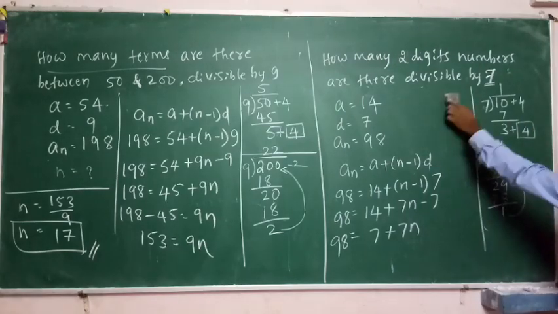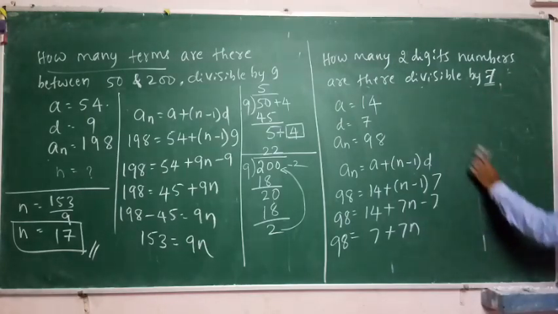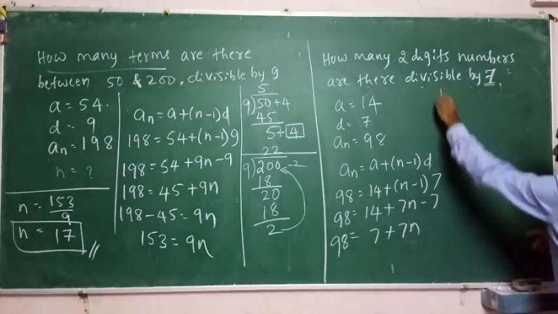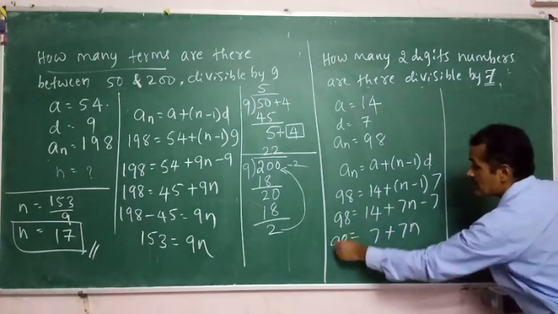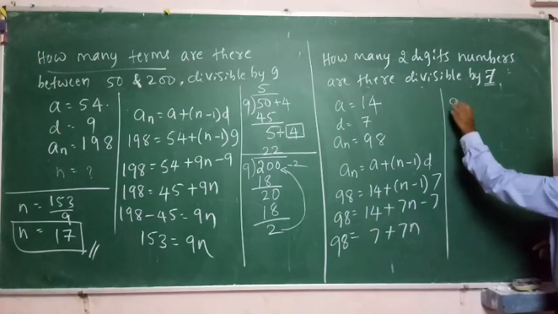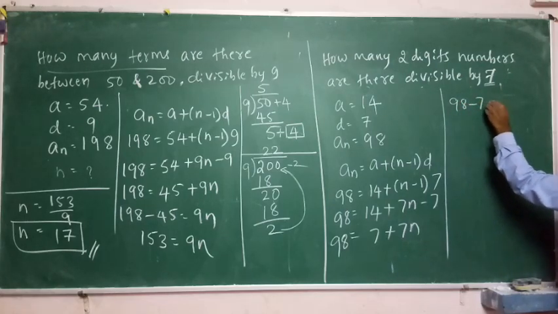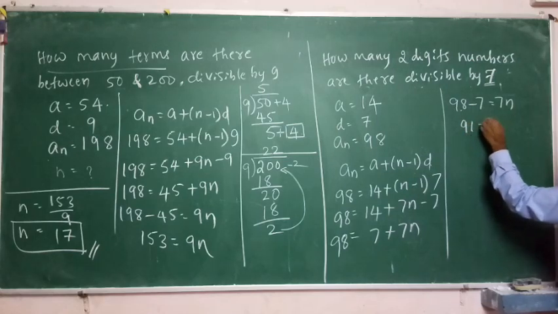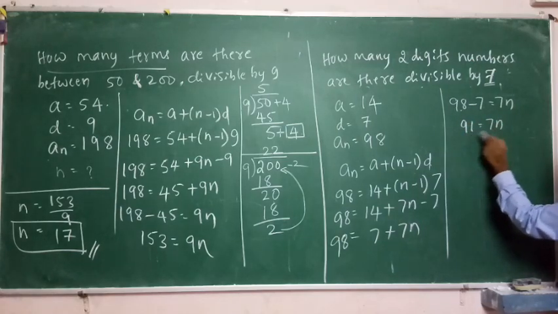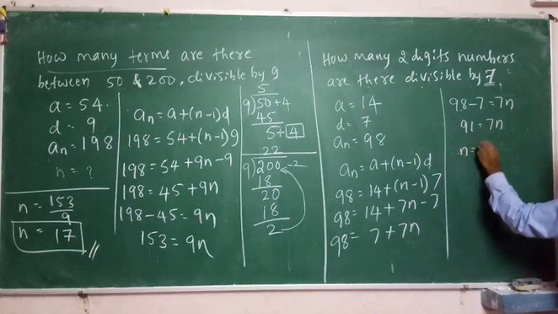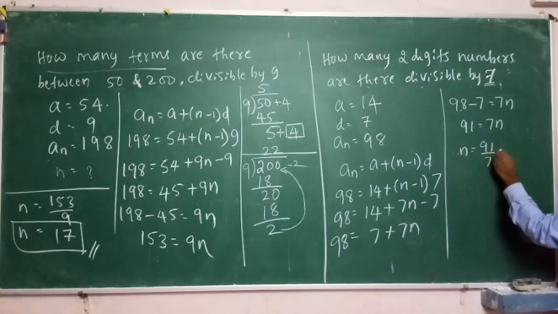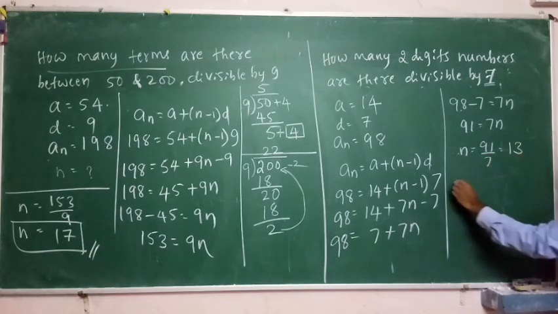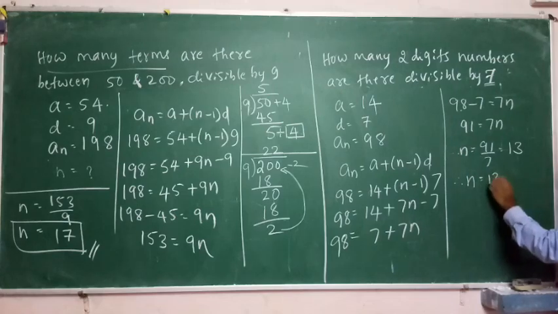Is it right? Let me complete. It is 7, I will shift it there. It is 98 minus 7 is equal to 7n. 91 is equal to 7n. 7 will come to the denominator. n is equal to 91 by 7 is equal to 13. Therefore, n is equal to 13.